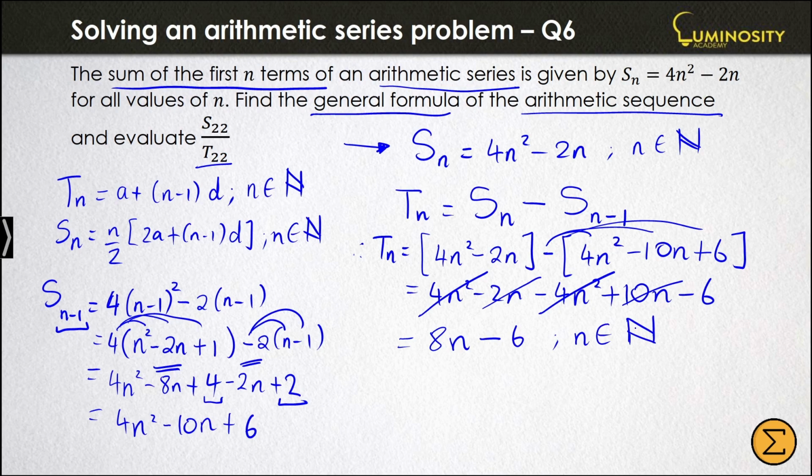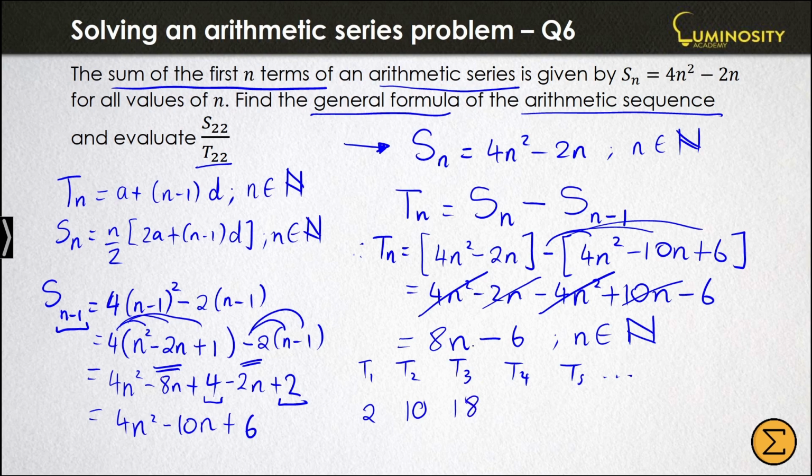Okay, so what does the sequence actually look like? T1, T2, T3, T4, T5, and so on. If I put n equals 1 here, I get 8 minus 6, which is 2. If I put 2 here, 8 times 2 is 16, minus 6 is 10. For 3, 8 times 3 is 24, and 24 minus 6 gives you 18.